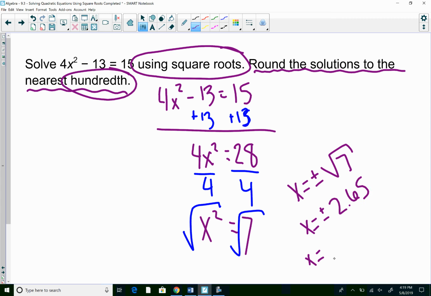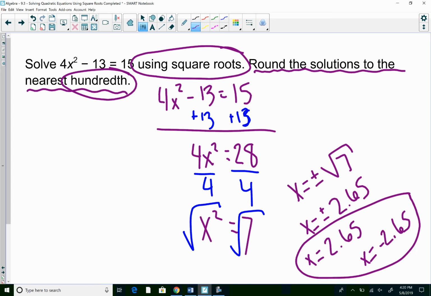So you actually have two solutions here again: positive 2.65 and negative 2.65. On your assignment, if they give you two blanks, it's because they want both the positive answer and the negative answer. Realistically, that's pretty self-explanatory, and I don't feel like I need to do much more explanation there.